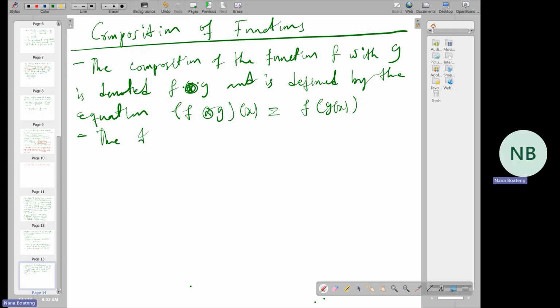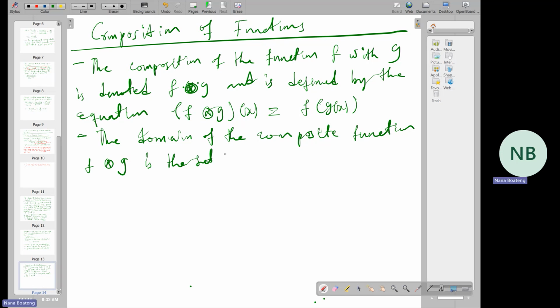The domain of the composite function f of g is the set of all x such that x is in the domain of g, and g of x is in the domain of f.